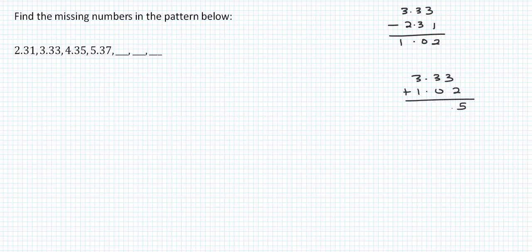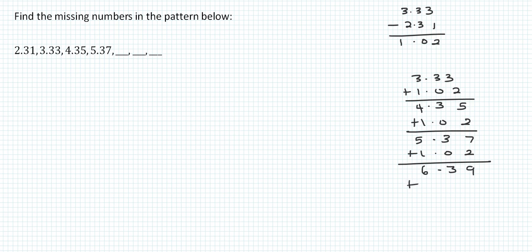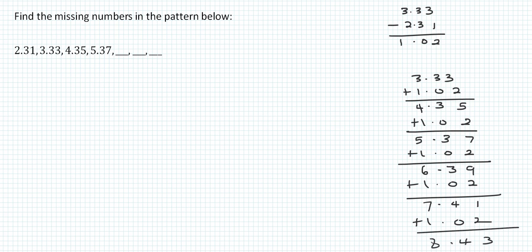We have 4.35. 4.35 plus 1.02, we have 5.37. 5.37 plus 1.02, we have 6.39. 6.39 plus 1.02, we have 7.41. 7.41 plus 1.02, we have 8.43.